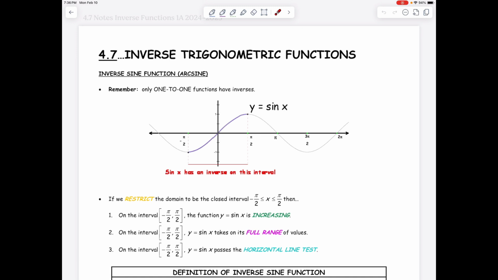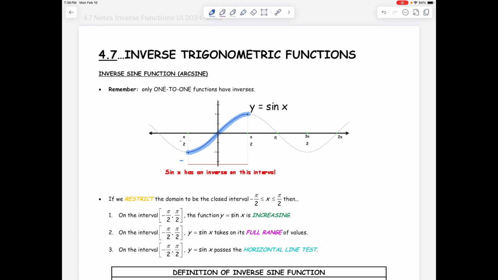But what we're going to do is restrict it based on the accepted restricted values for y equals sine x. And those are a special set of values from negative pi over 2 to pi over 2. I'm just going to highlight this section here.